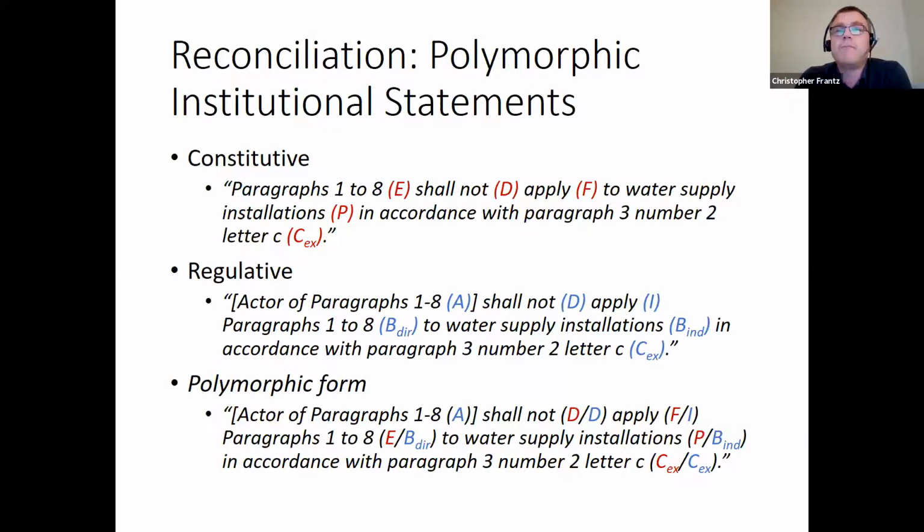Well, the idea here is that we can have such polymorphic institutional statements, meaning statements then take different forms, literally.